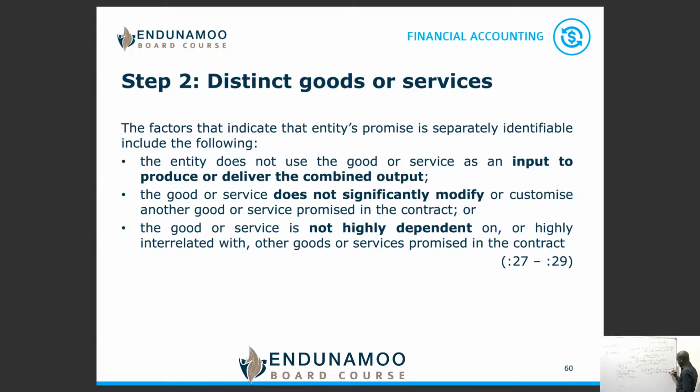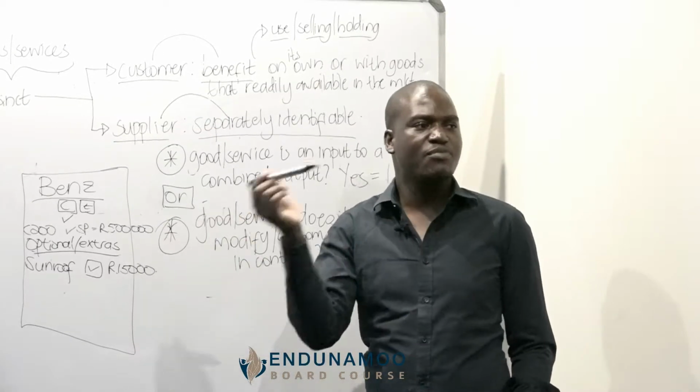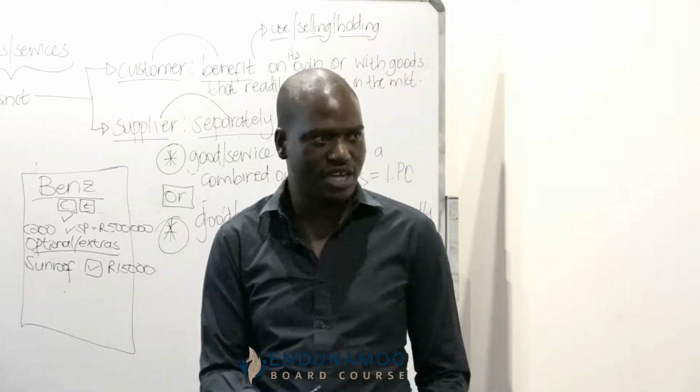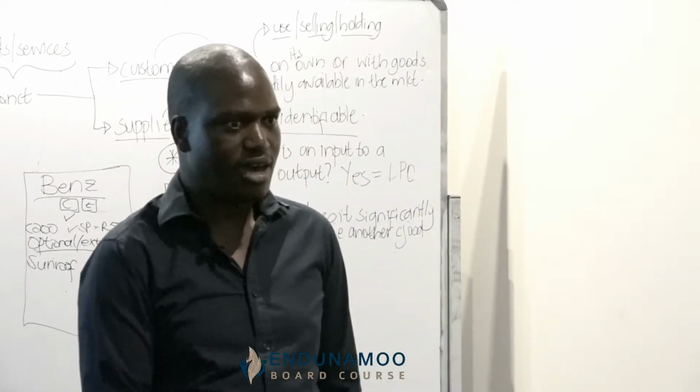So remember, it's a single contract, another good in the contract. So we've got one contract, and we are asking, does the good that is now requested as an additional, does it significantly modify another good in the contract? That's what we are asking altogether.